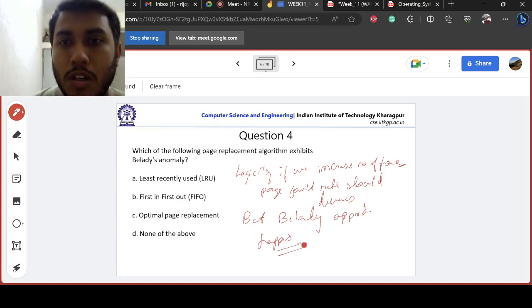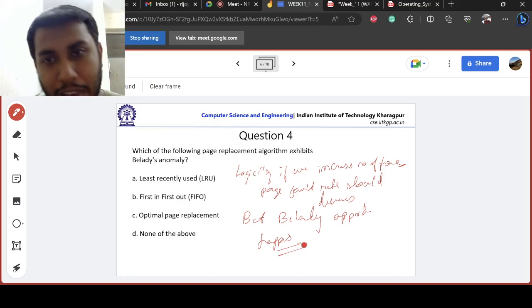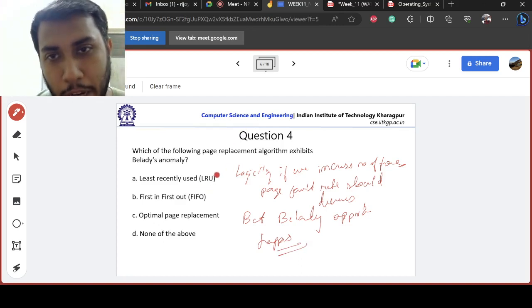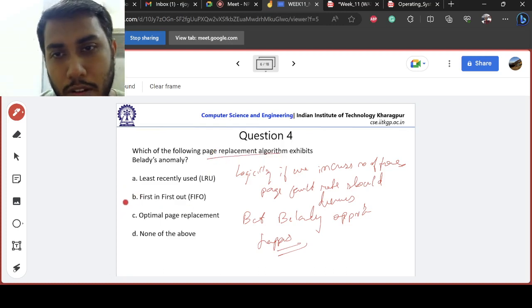Right? So we have seen that the page replacement algorithm that exhibits it was FIFO.